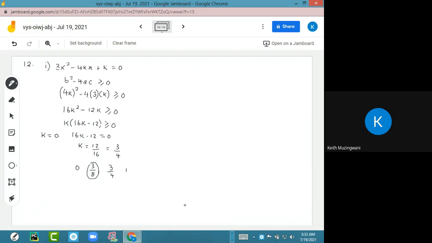And then 1 is bigger than 3 over 4. Negative 1 is less than 0. Then we need k here. We also need 16k minus 12. We also need k times 16k minus 12. We have this.